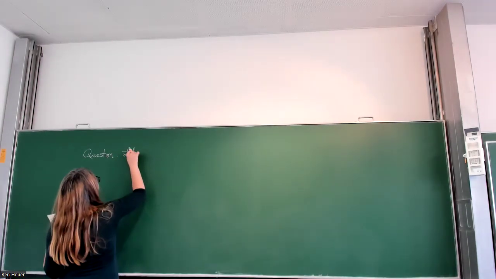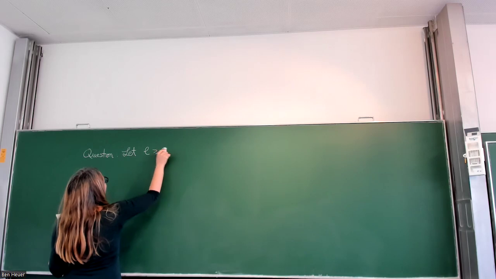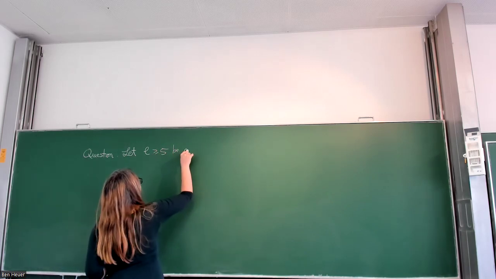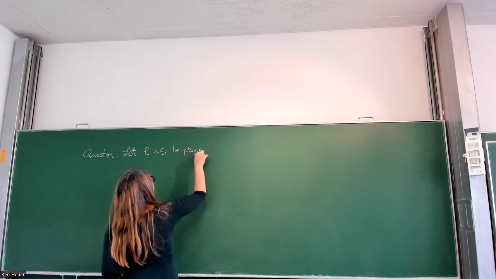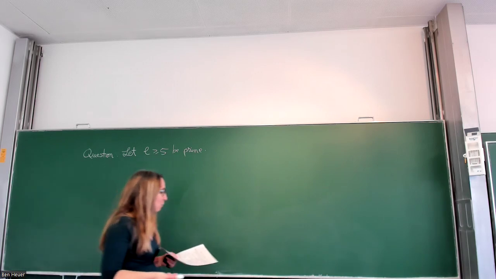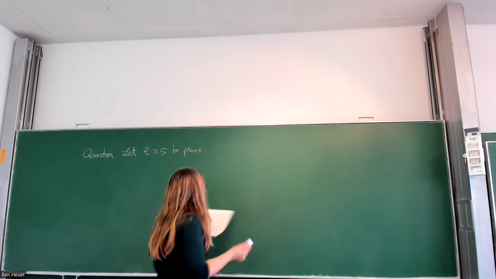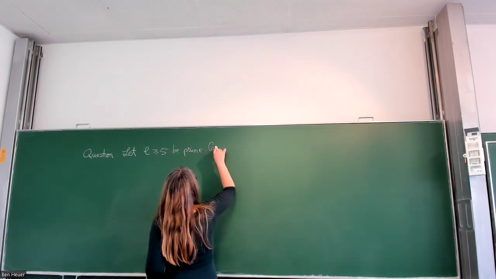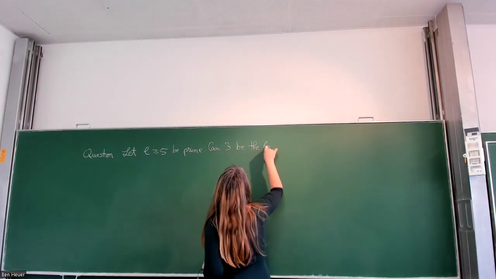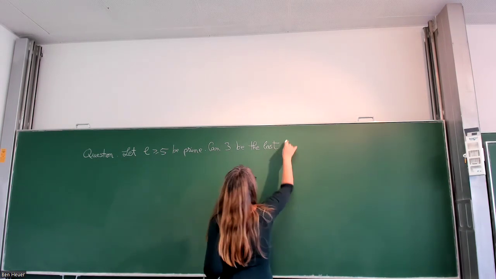We're going to take L to be a prime number that's at least 5. And let's take something from the example of base 10 that wasn't the last digit of a perfect square. Can 3 be the last digit of a perfect square in base L?